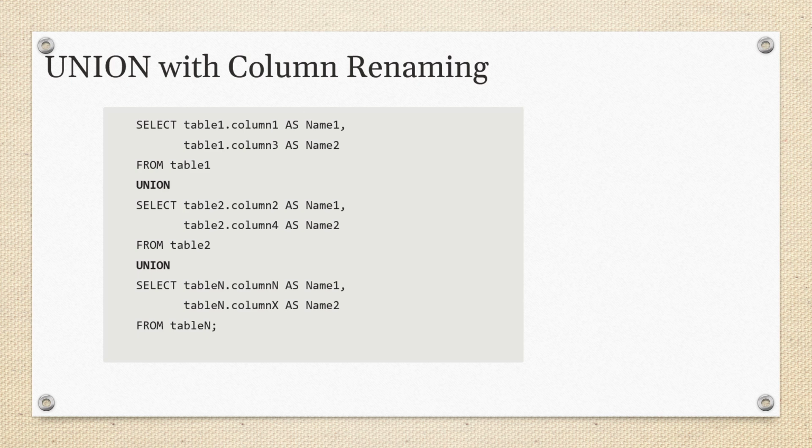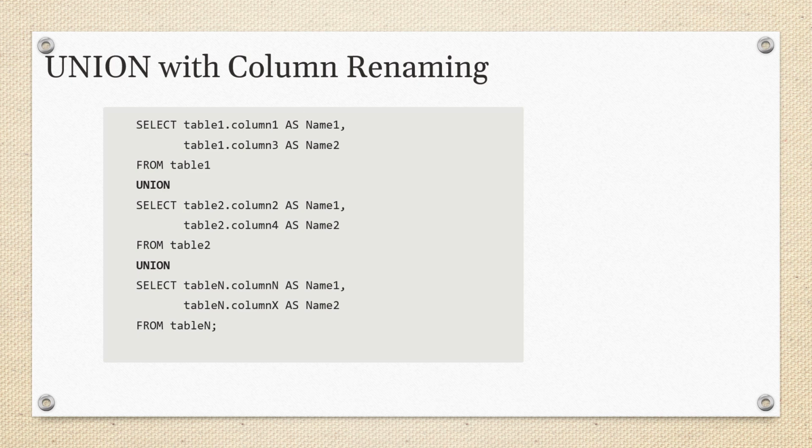In this slide, we are renaming the columns. So why do we rename columns? This ensures consistency when combining different tables and can help standardize column names across multiple data sets. For example, we change table 1's column name to name 1 and table 2's column name to name 2.